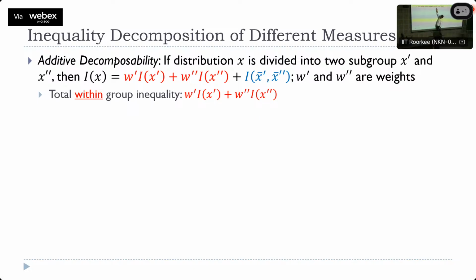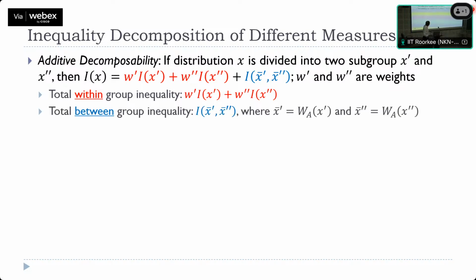Then this is the inequality within the north, or better, let's do gender: female-headed households, male-headed households, and so on. So inequality within female-headed households, inequality within male-headed households. Then you use some sort of weights, which can differ from measure to measure. And then the second component is between-group, so gender inequality. You take the average of the females, the average of the males, and the inequality between them.